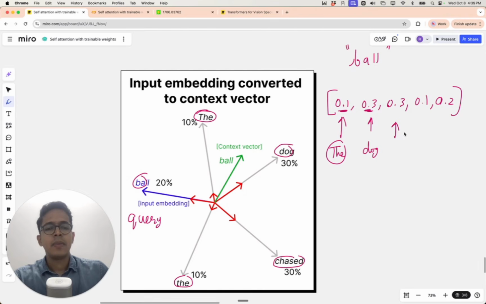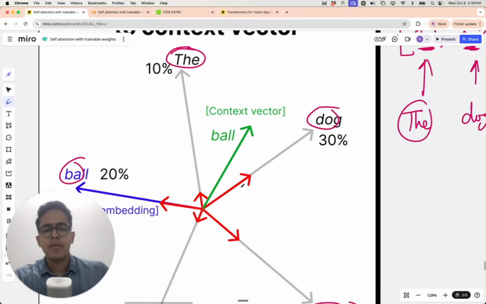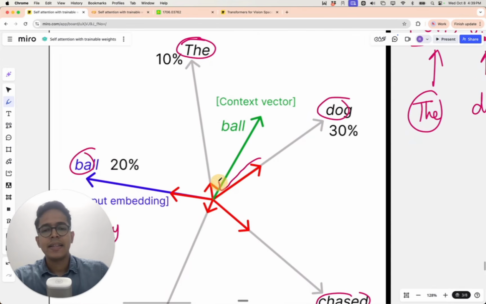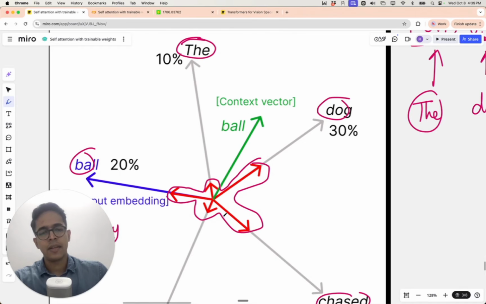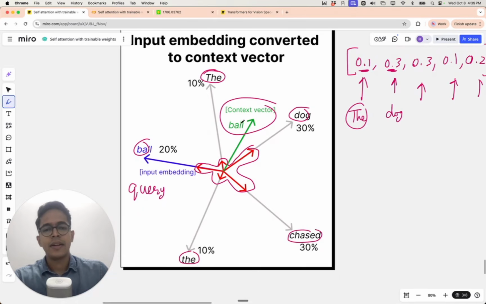"Chased" will be multiplied by 0.3, so its length will be reduced to 30%. This will be reduced to 10%, and this to 20%. Then you get these attention-weighted vectors, these five vectors. Then you add all of them to get the final context vector. This is what we did in the simplified self-attention.